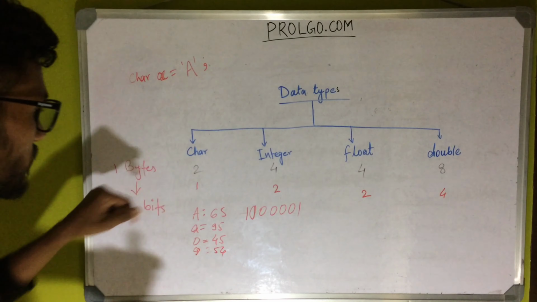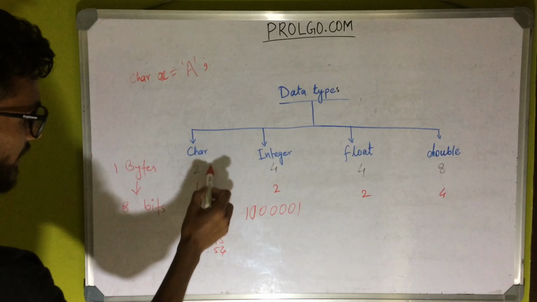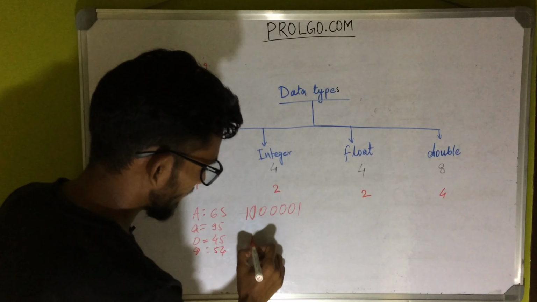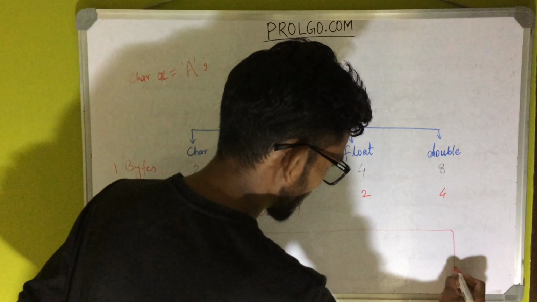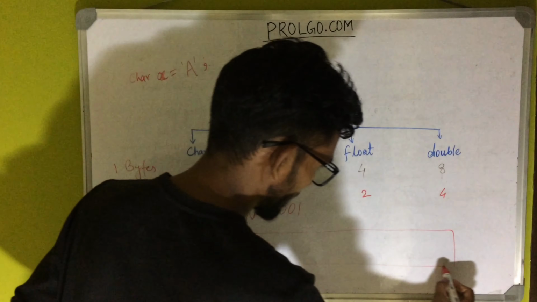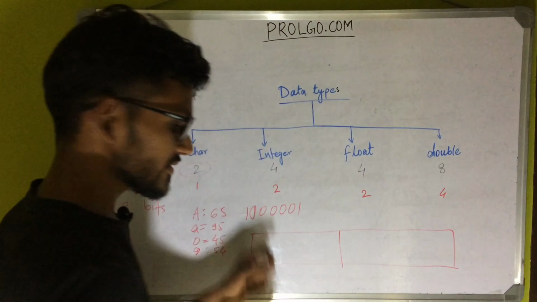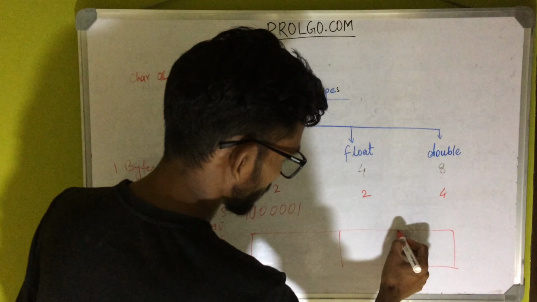As I told you, I am considering this one as 2 bytes. So in memory it will reserve 2 bytes of memory space, each of 8 bits.